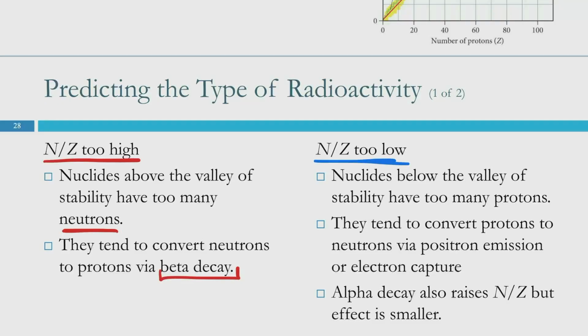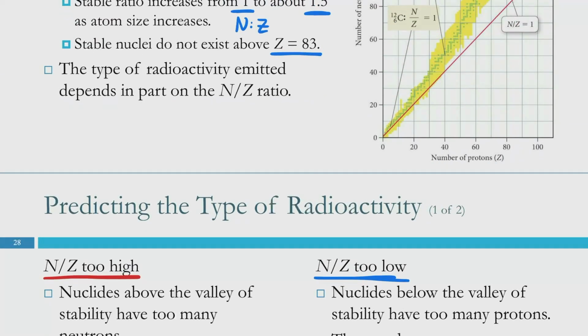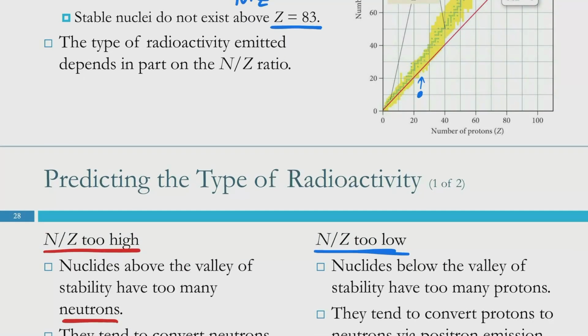If our N to Z ratio is too low, for example, if we're at this blue dot, then we would need to increase our number of neutrons relative to our number of protons. We need to go up on the chart, or go left on the chart, or just generally move towards that yellow zone.